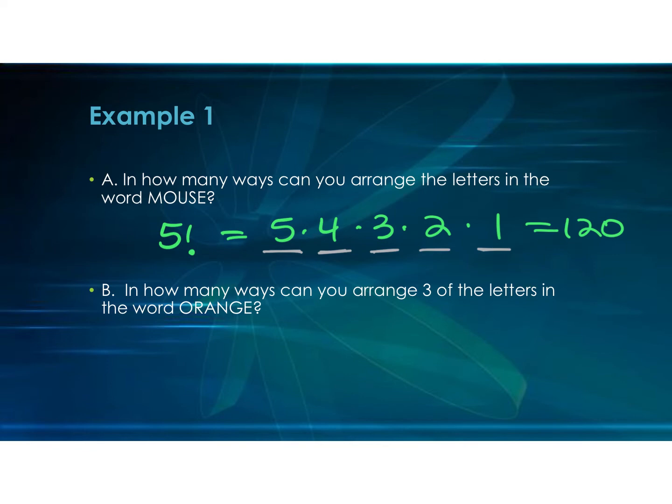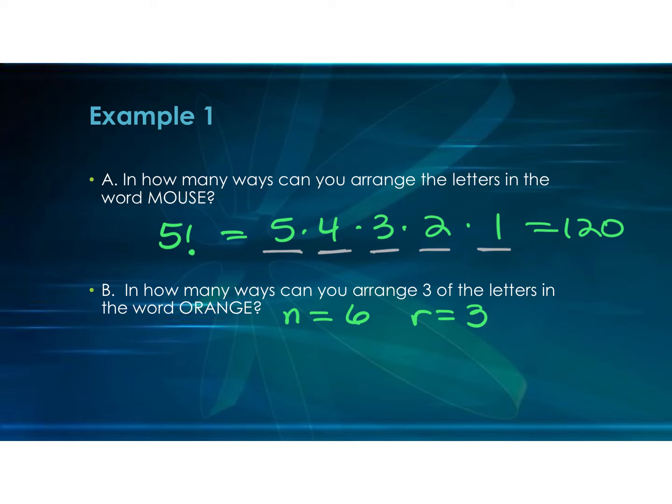For the second part, now I'm going to only choose 3 letters out of the word orange. So the first number I need to figure out is how many letters are in the word orange. There are 6 letters in the word orange, and that is my n value. My r value is how many letters I'm choosing at a time.